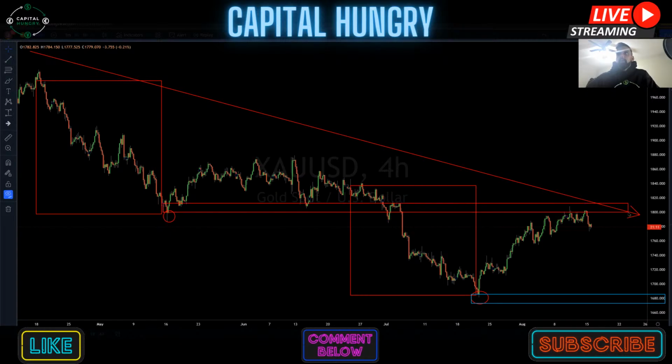And then you start to enter what is called pullback or corrective structure. You can see this pullback structure from these lows extended hundreds of pips, going from 1800 all the way to 1870s, and you retested these highs multiple times before finally shifting structure and turning back bearish again.